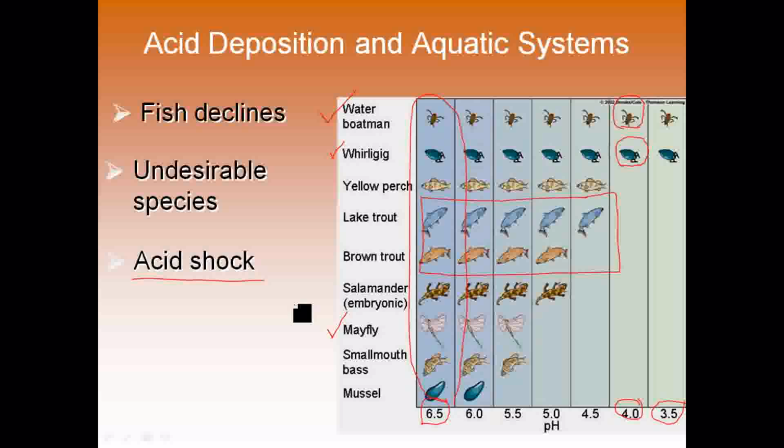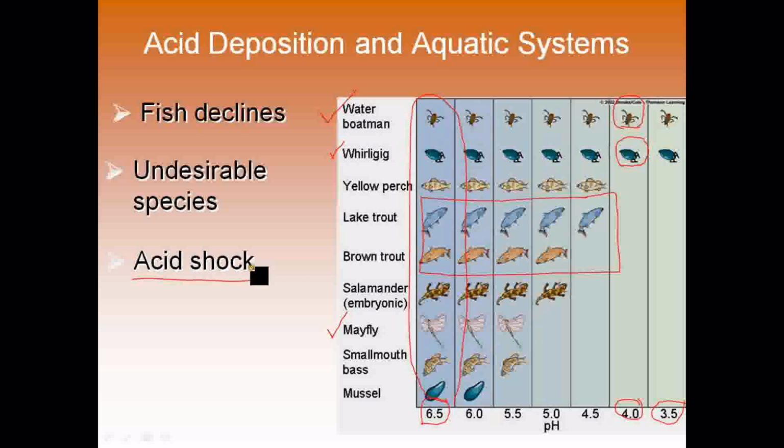So states will literally fly crop dusters over these lakes and drop limestone onto them, and that will help to raise the pH. Of course, they're going to have to restock that lake too because all the fish are dead. If the fish are dead, there's no reproduction happening.